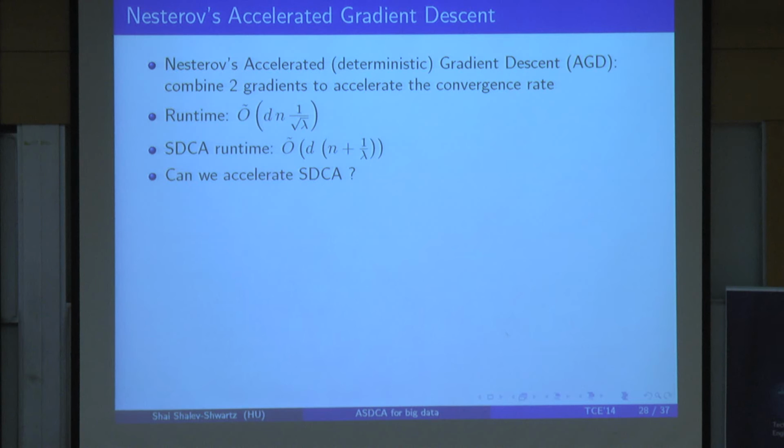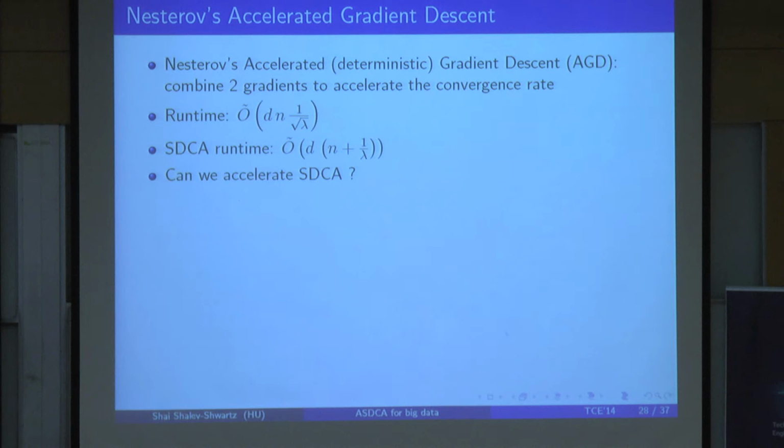Now, the runtime of the stochastic dual coordinate ascent algorithm that I showed you before is n plus 1 over lambda. So gradient descent is n times 1 over lambda. Accelerated gradient descent is n times 1 over square root of lambda. And stochastic dual coordinate ascent is n plus 1 over lambda.